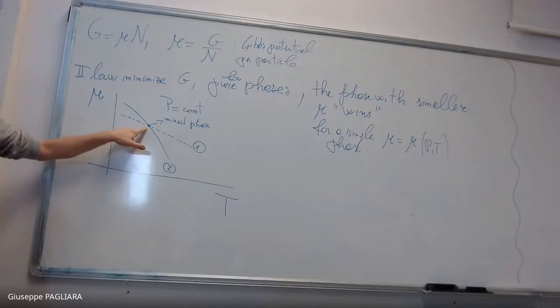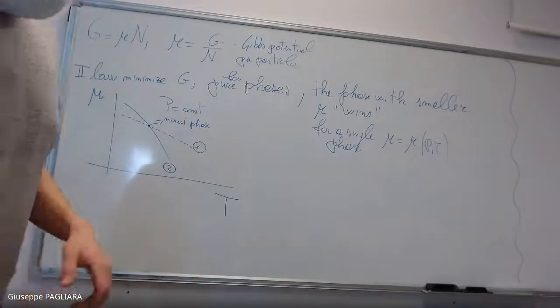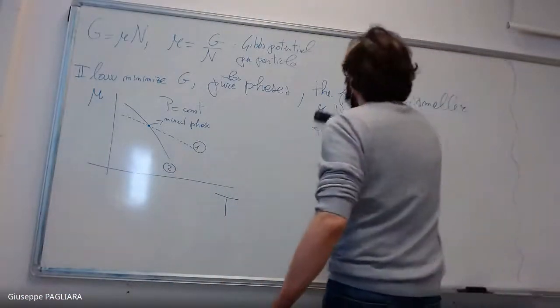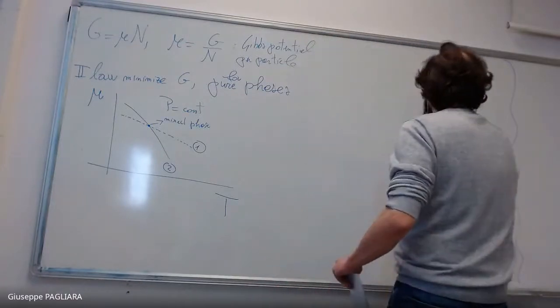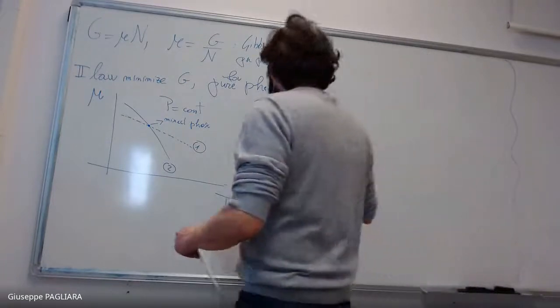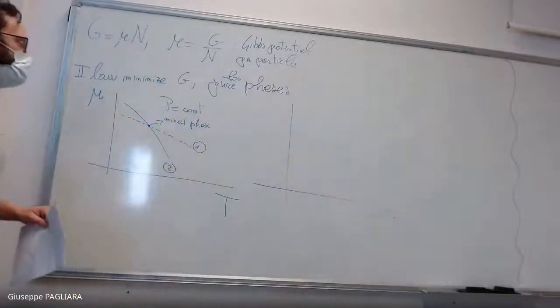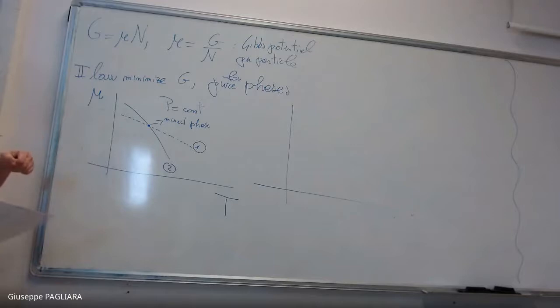potential lines. Okay, so this is the mixed phase, and let's make a similar plot in which instead of temperature we have the pressure, and it looks like that. Of course, one could ask what determines the slope of those lines.